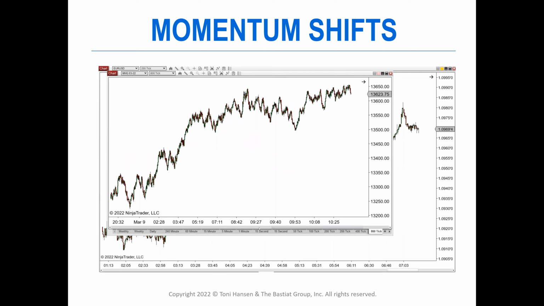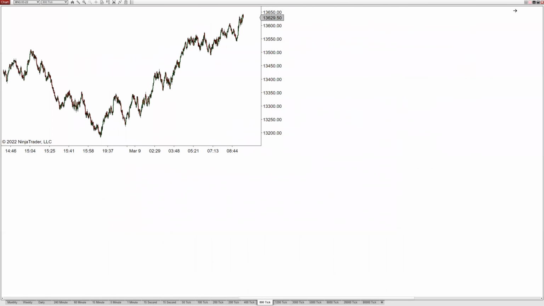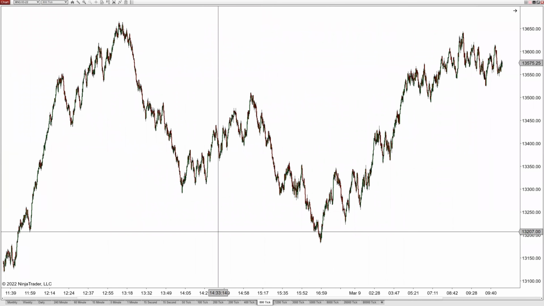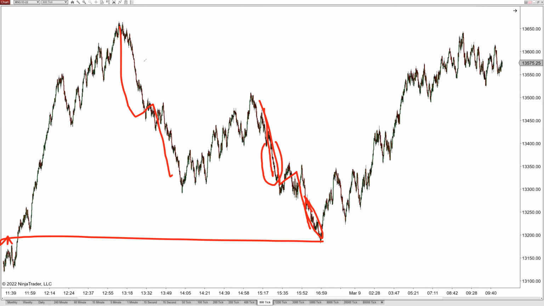So that reversal overnight was right here. What I was watching yesterday was our two-wave movement here. And then I was also looking at this as a two-wave movement, but what you'll notice is this is a lot stronger. So the momentum actually began to shift here. It was coming into a support level over here.